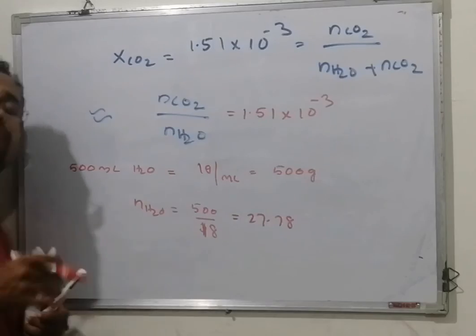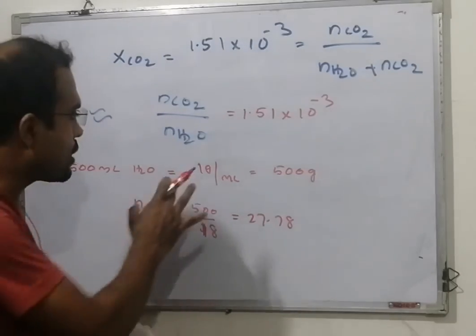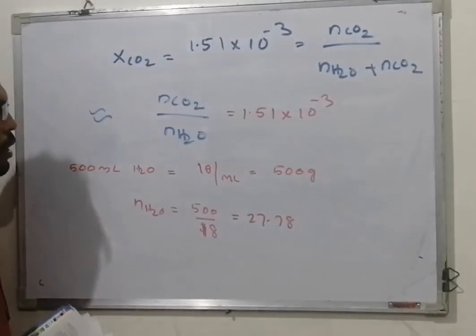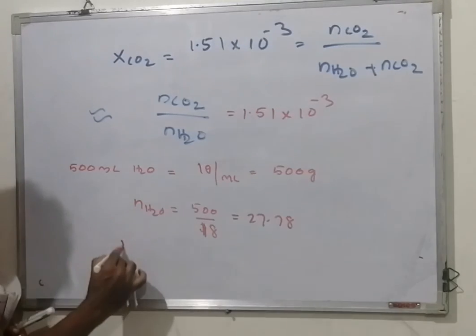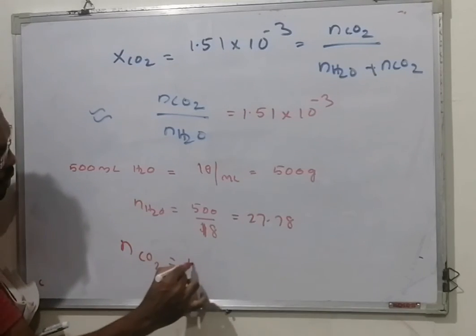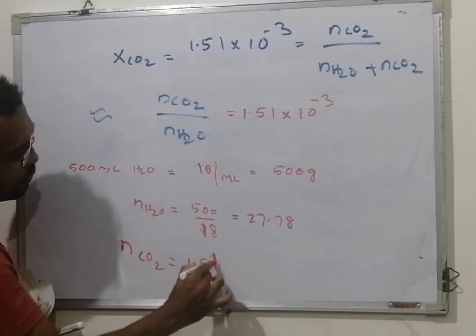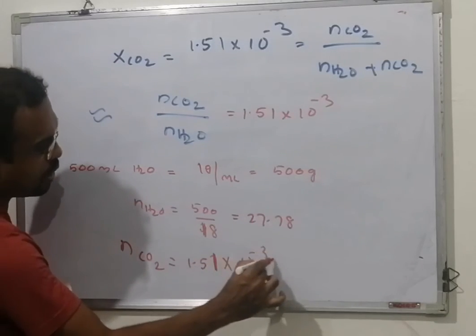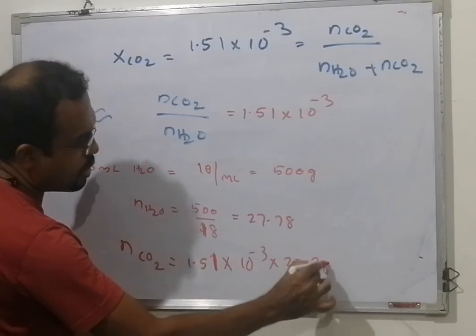Therefore, the number of moles of carbon dioxide is equal to 1.51 into 10 raised to minus 3 into 27.78.